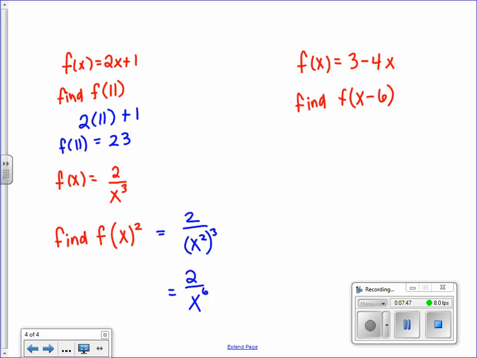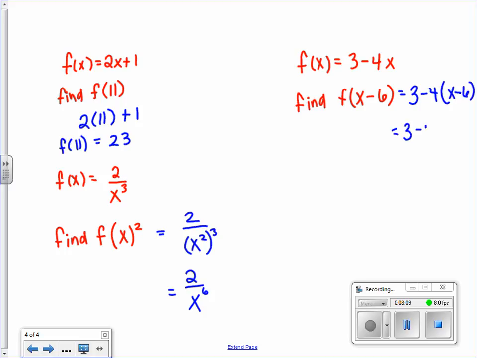Power to a power, you multiply the powers. Multiplication is when you add. Yes. Power to a power, you multiply the powers. When you're multiplying, you add the powers. Okay, so right here, that's going to be 3 minus 4 times x minus 6.